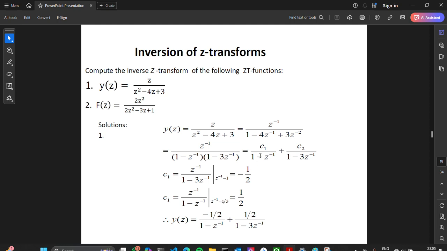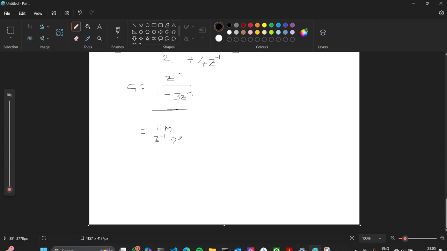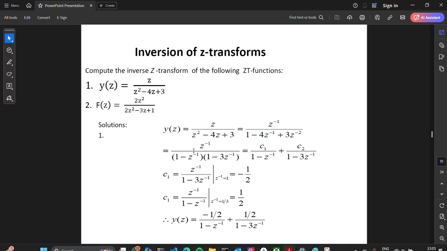That'll make it 0. So it's the limit as z tends to 1, multiplied by that denominator that you are making 0, multiplied by your original expression, which is this here, right?